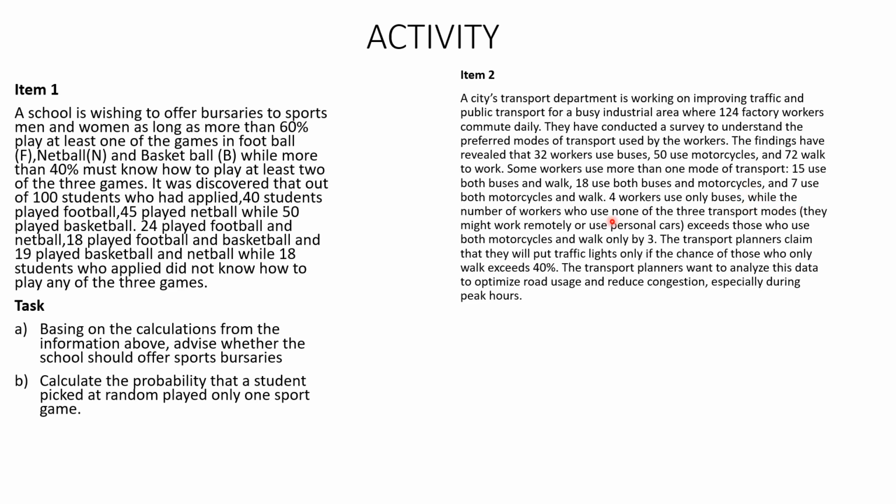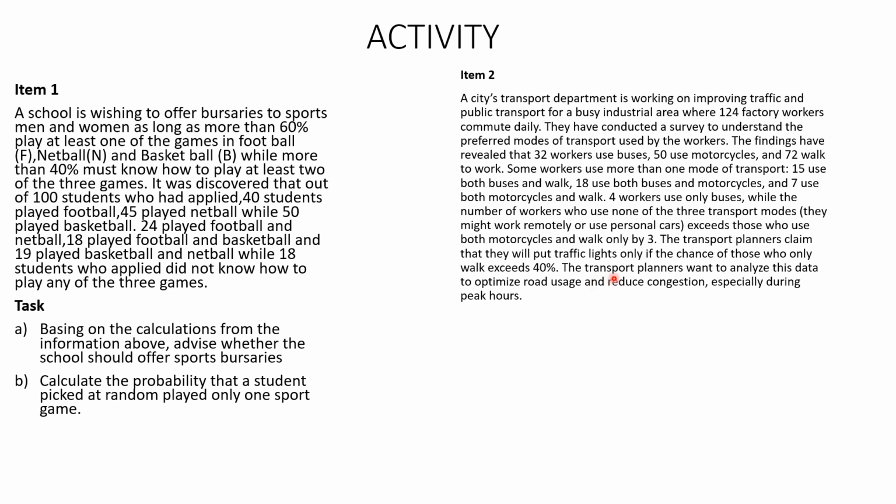So here, the number of workers who use none of the three transport modes exceeds those who use both motorcycles and walk only by 3. So the transport planners claim that they will put traffic lights only if the chance of those who only exceeds 40%.